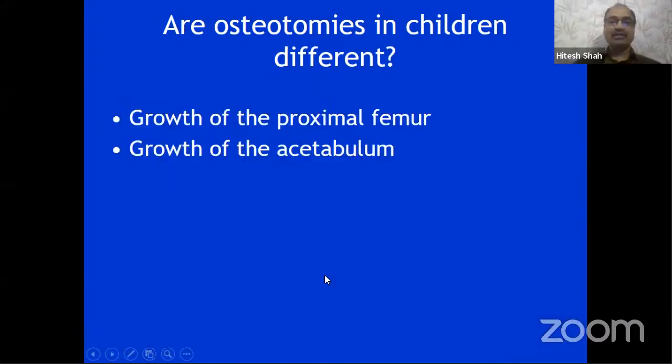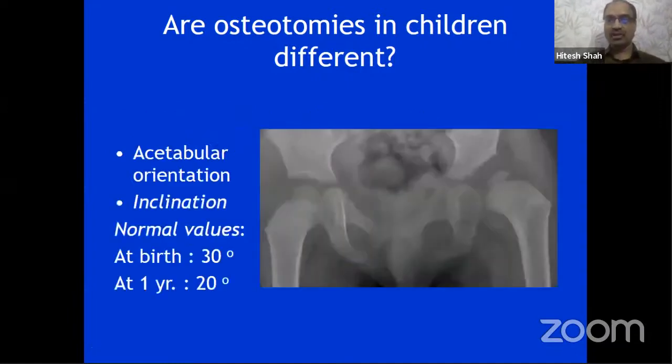The second point: there is growth of the acetabulum. The growth of the acetabulum would also be different in terms of version and inclination. The femoral anteversion would be much more when the child is born and then reach the adult level. Similarly, in acetabular dysplasia, when the child is born, the inclination of the acetabulum would be higher, and as it grows, at more than 1 year, it can reach 20 degrees of acetabular angle.